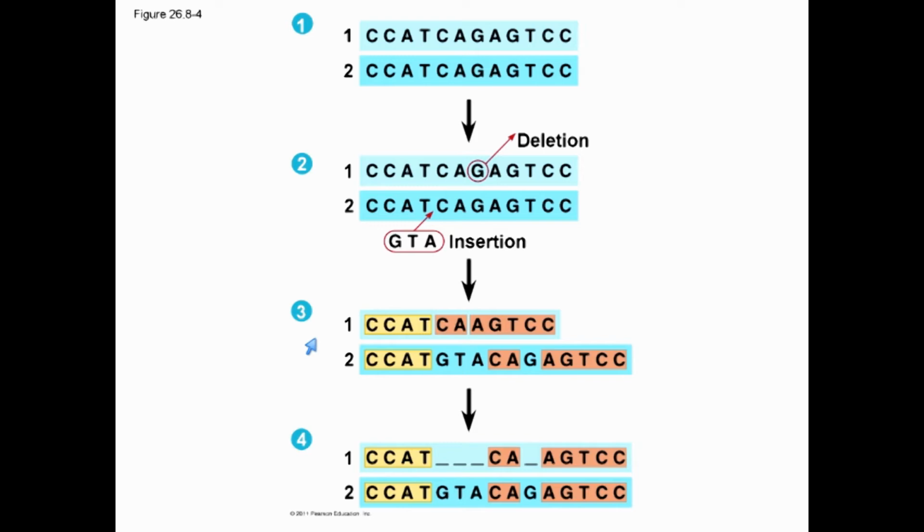By the time we look at organism 3, we've got a place where our deletion has occurred, and a place here where our insertion has occurred. Now our DNA sequence for number 2 has become quite a bit longer, and our sequences are now quite a bit different when we line them up next to each other.